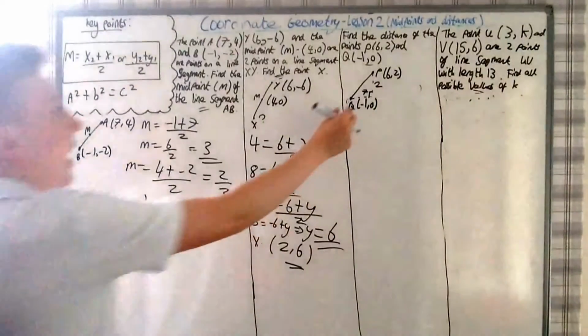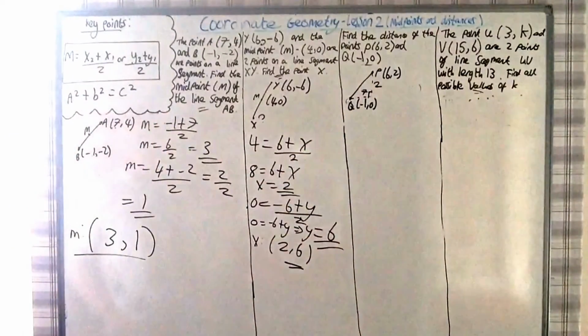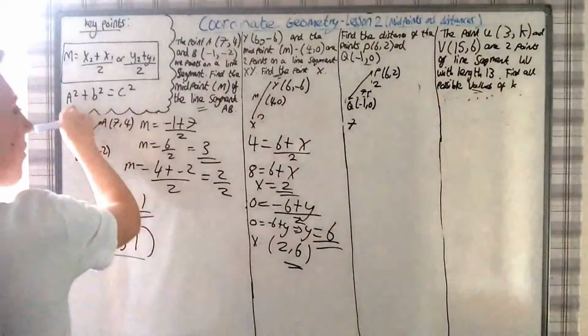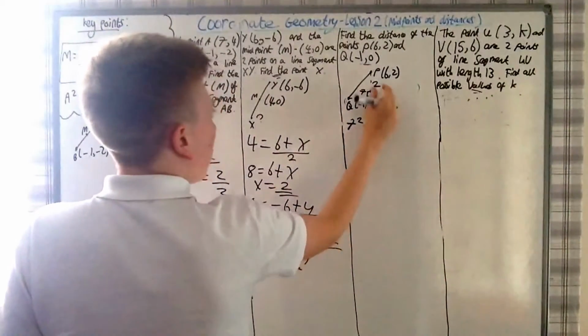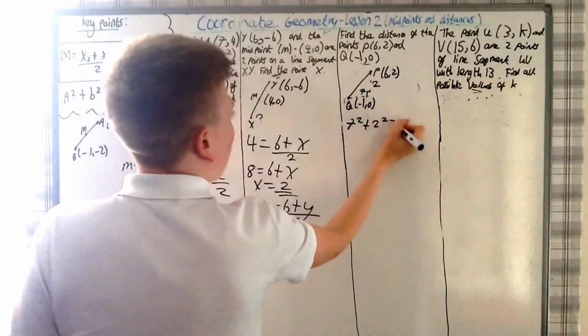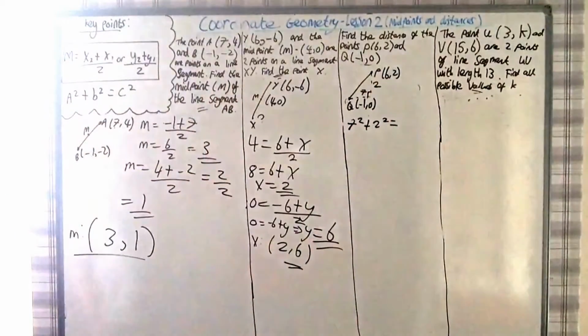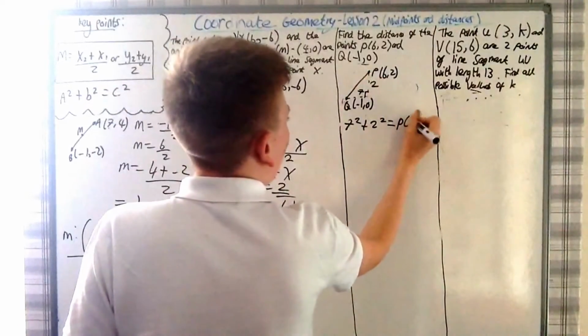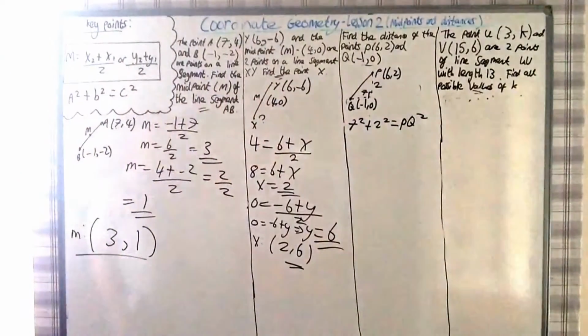So we can call our A either 7 or 2. If our A is 7, then 7 squared plus B squared, which is going to be our 2 squared, is equal to C squared. In this case, we're going to call C the line PQ squared, because that's the line concerned with the question.